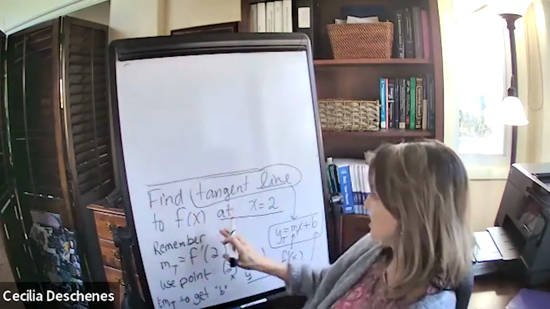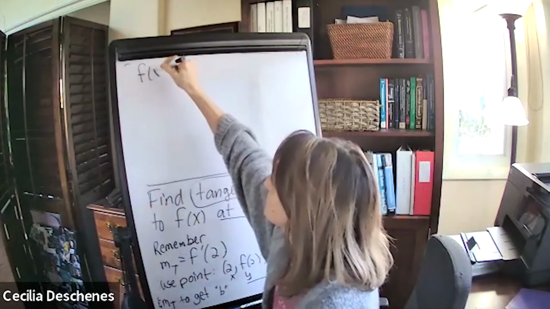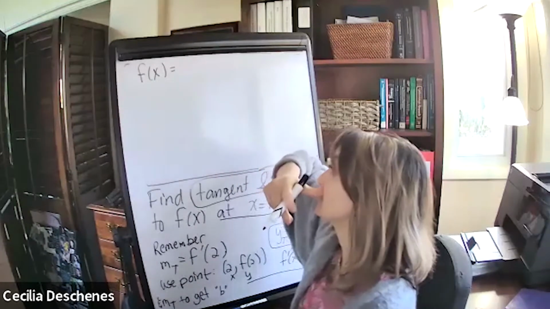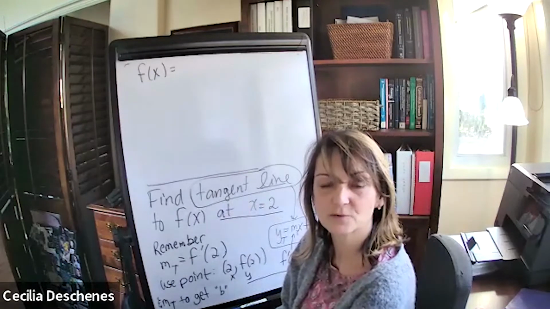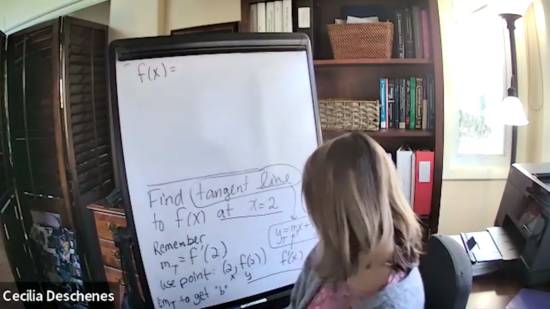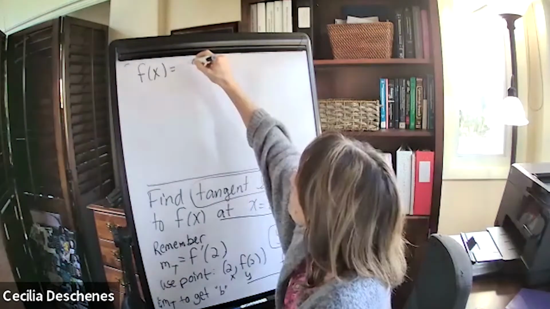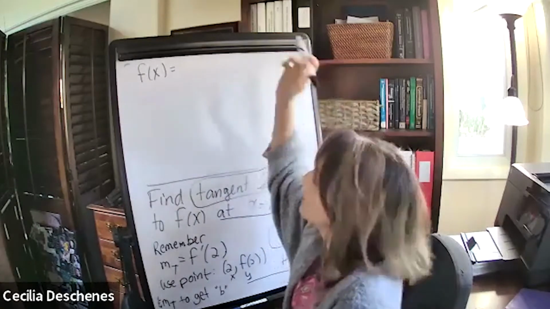To find the tangent line of a function at x equals 2, we just had this function. I'm thinking maybe we want to do a different function just to practice derivatives. Does anyone have a derivative they want me to do? I'll think of one that involves a chain rule so we can practice that.